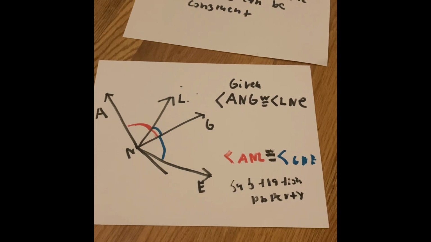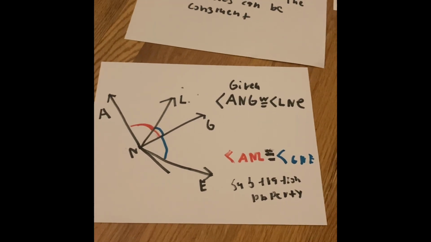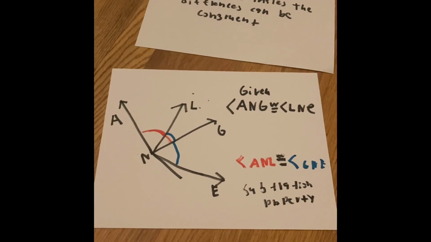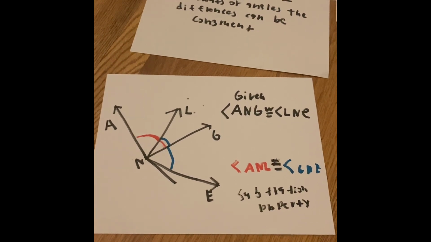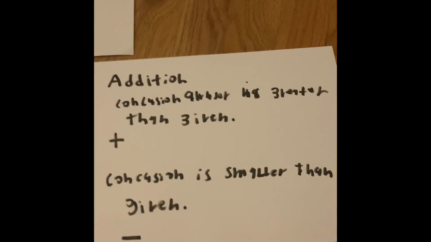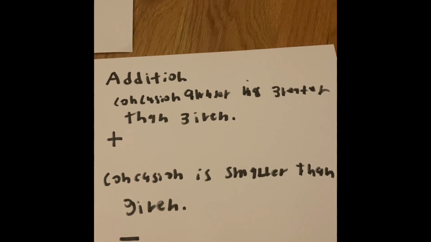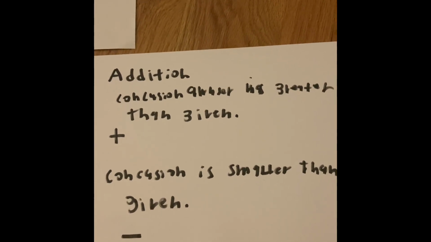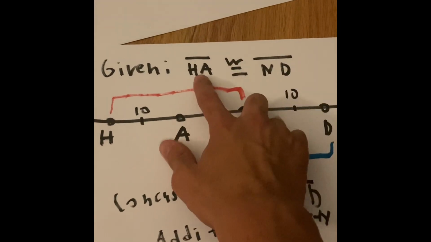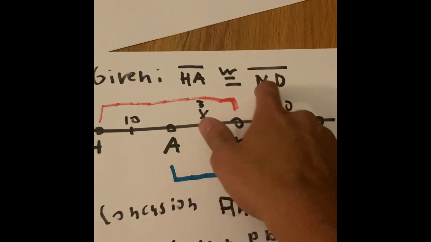If you are confused about the difference between addition and subtraction properties, here is what else we can say. You would use the addition property if the conclusion is greater than your given statement. In the first part of the video, we said that HA is congruent with ND.